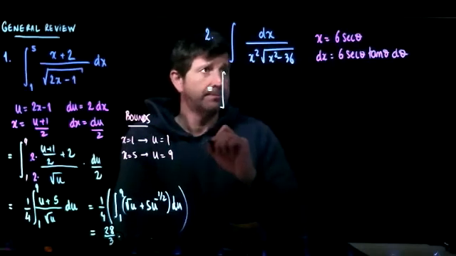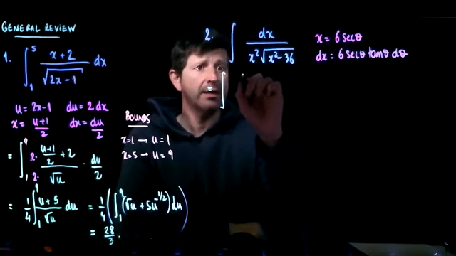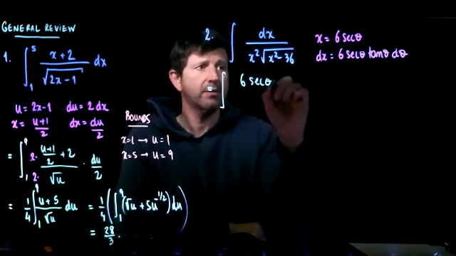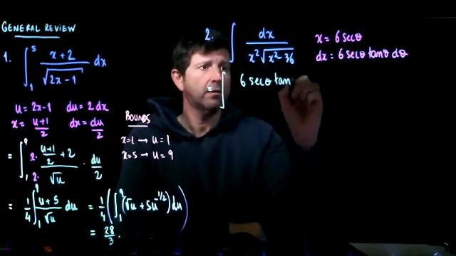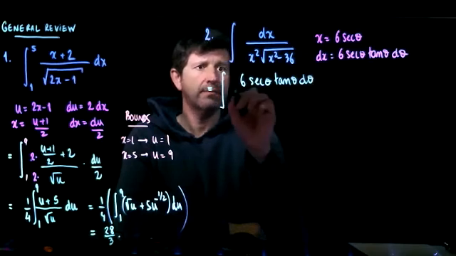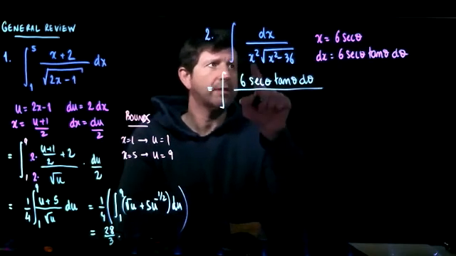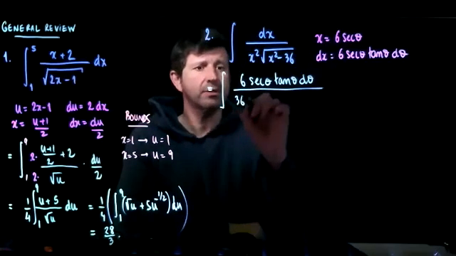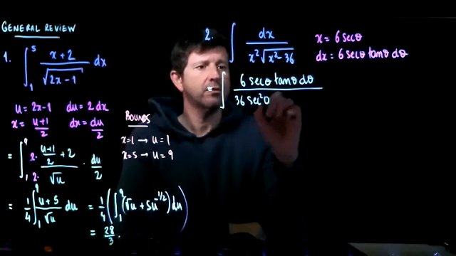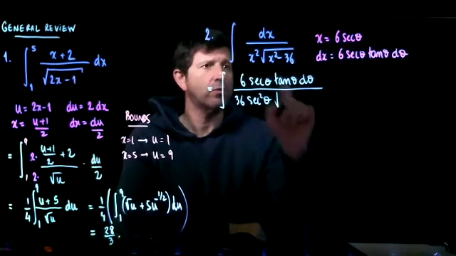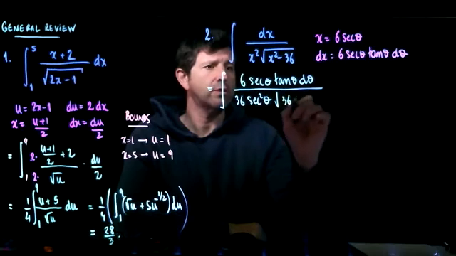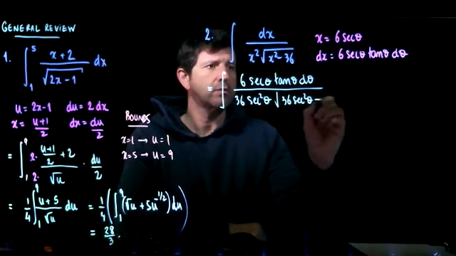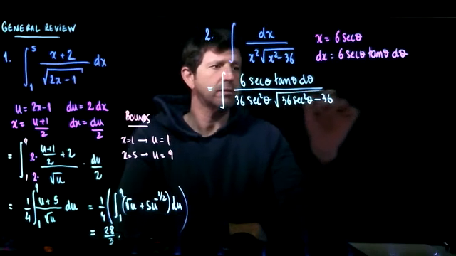And let's replace: dx of 6 secant theta tangent theta d theta over x squared, which is 36 secant squared theta, times the square root of x squared, which is 36 secant squared theta minus 36.